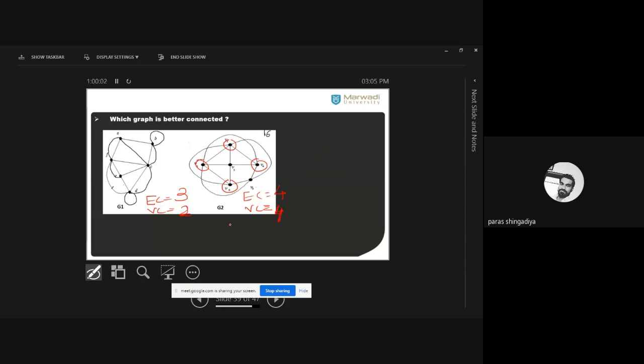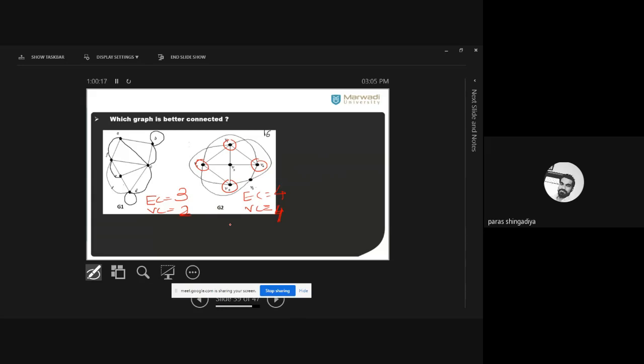So as per our definition, as per our theory, which graph is the better connected graph? G2 has more. So the second graph is the better connected graph. Clear?